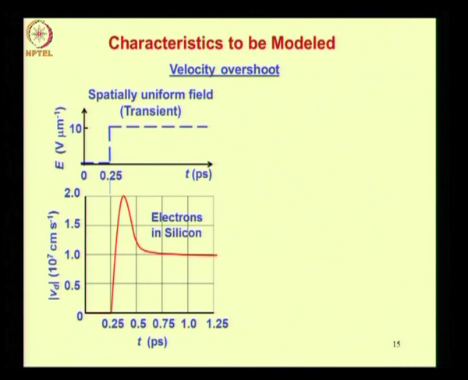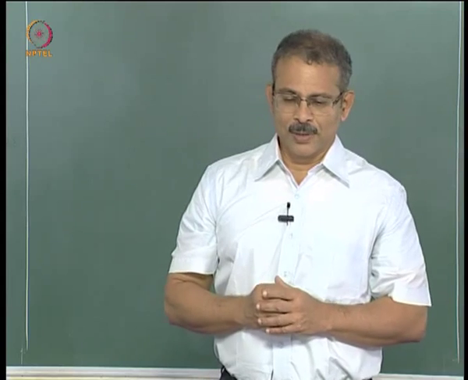The next slide shows velocity overshoot characteristics. Suppose you step the electric field suddenly at some instant of time and the electric field step is large. For example, here the electric field step is about 10 volts per micron. What would be the response of the carriers inside the semiconductor?